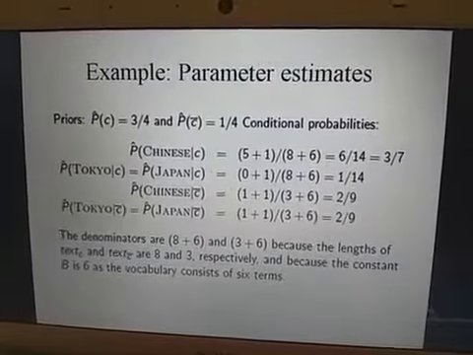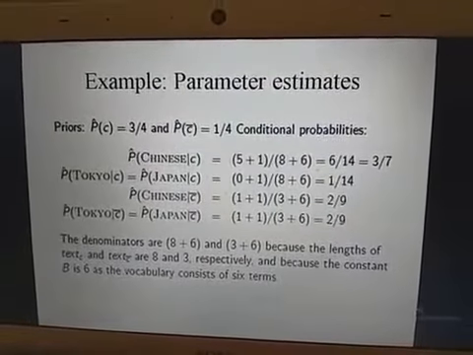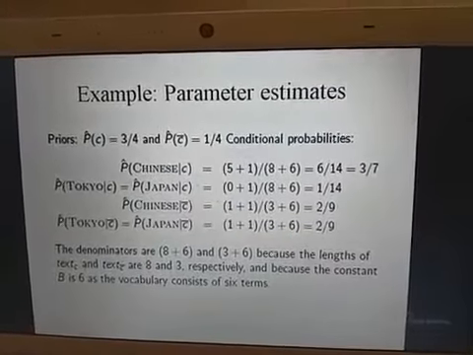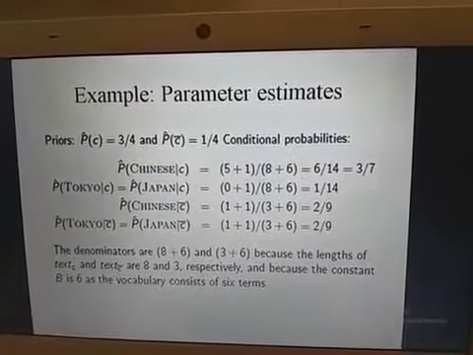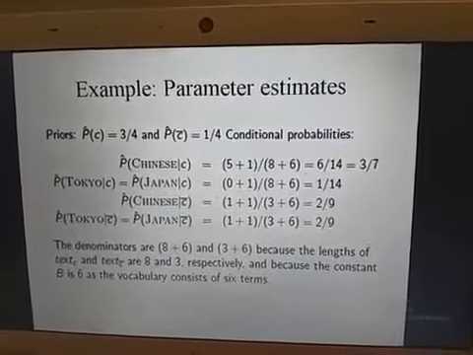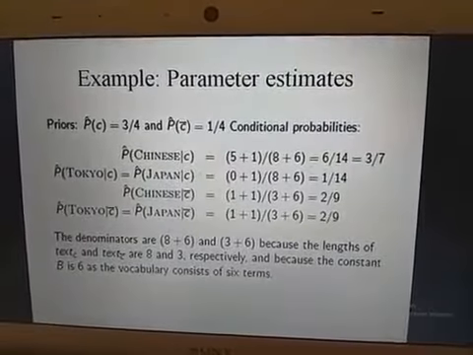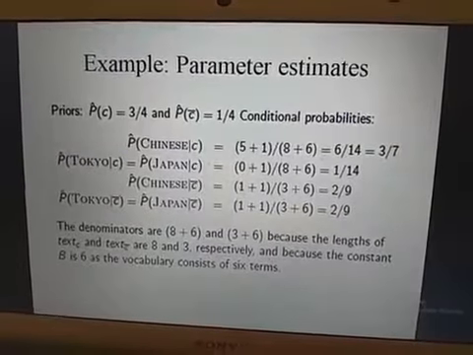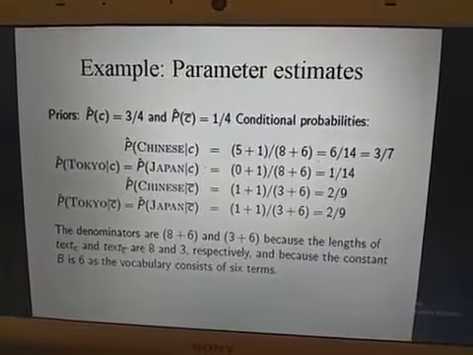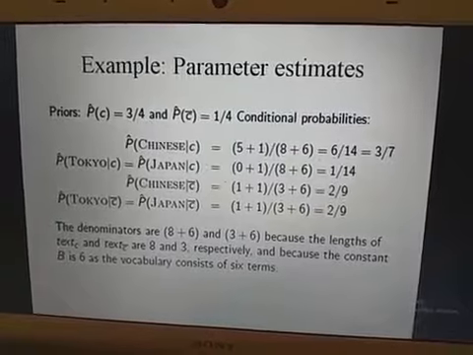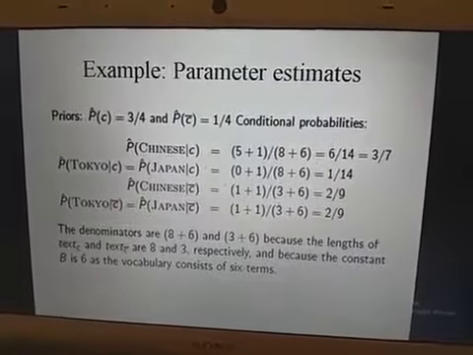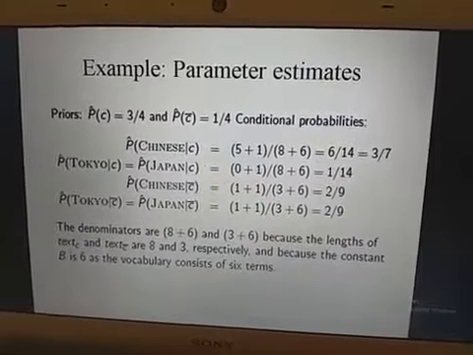So in the first two cases, 5 plus 1 means T C T plus 1, and in the second case also T C T plus 1. But in the denominator part, 8 plus 6, what does 6 mean? The distinct terms present, along with the total number of terms present. So T C T is the total terms present and B is the distinct terms present. The first two belong to a particular class, and the second two do not belong to it.